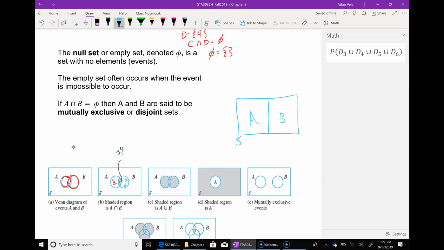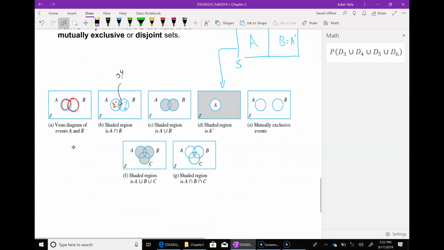That's really nice, which is effectively A and A complement. So in this case, B is equal to A complement. It makes our math a lot easier. Of course, we can start talking about 3 sets, 4 sets, 5 sets, whatever you want. Okay, so this is a good way of visualizing what we're doing in terms of sets.